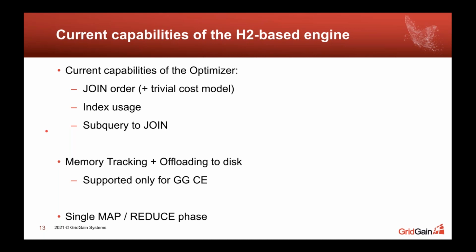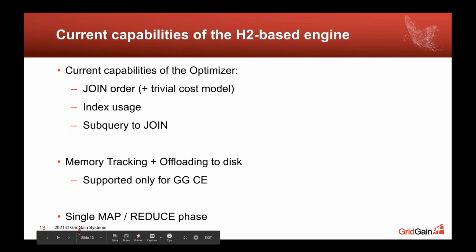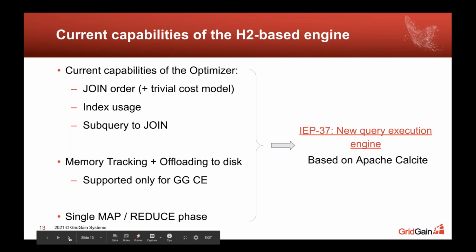It's being developed at the moment. It's going to use Apache Calcite under the hood. I'll leave a link to the proposal. It's definitely worth mentioning because it will change a lot of things and bring improvement. Here is the link.